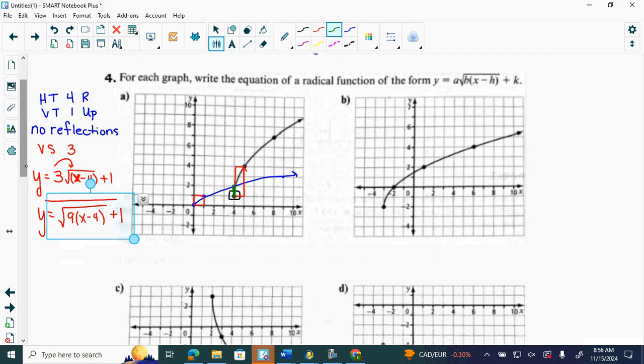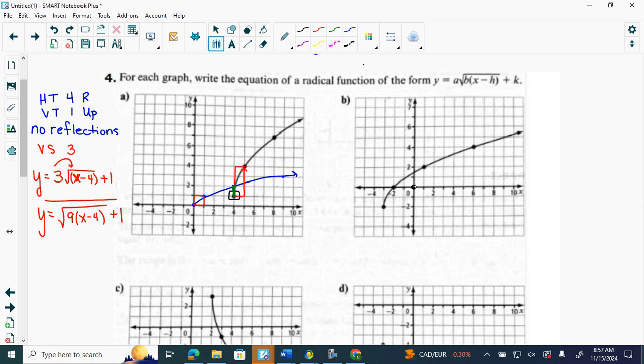Okay, B. Let's get our translations first. Can we always get our translations first? With a radical, yes. For any other function, no, you have to do stretch and reflect first and then see how you move it, okay? But for a radical, you can always just find those because it starts at 0, 0. So it's normally here.